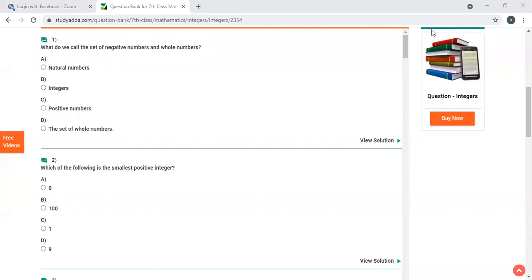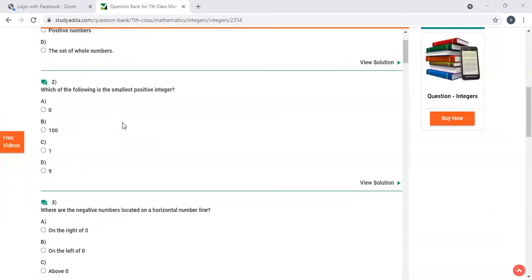What do we call the set of negative numbers and whole numbers? Whole numbers start from 0, 1, 2, 3, 4, and negative numbers -1, -2, and so on. What are they called? Integers. Yes.